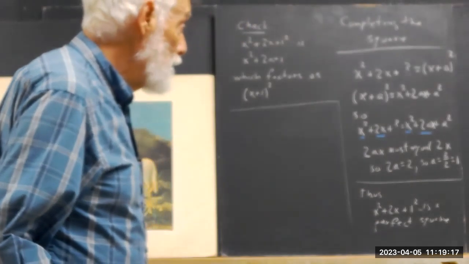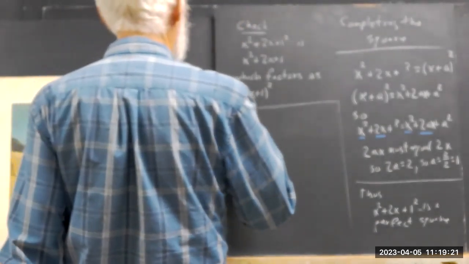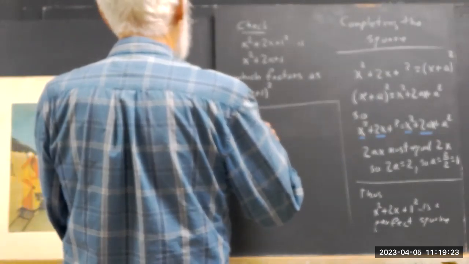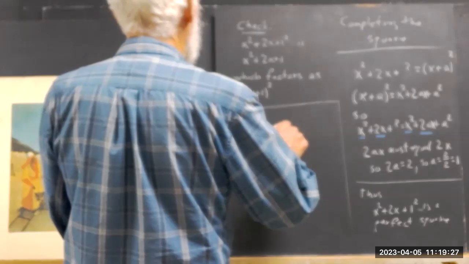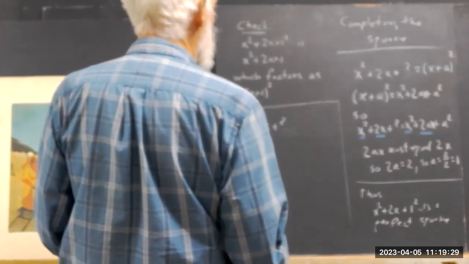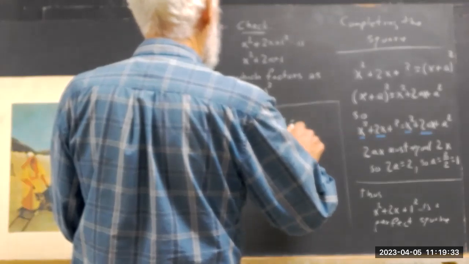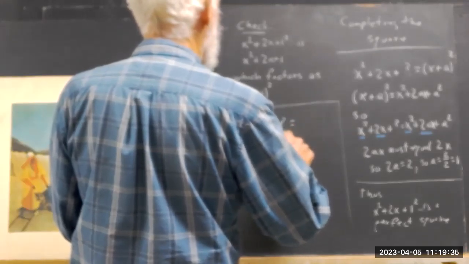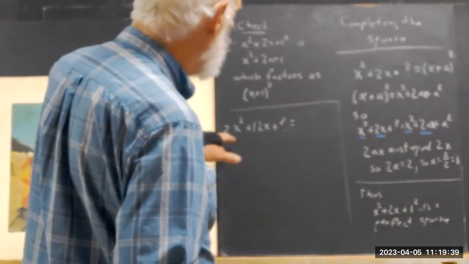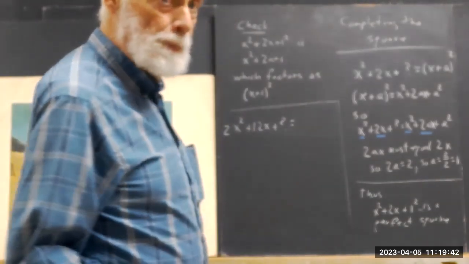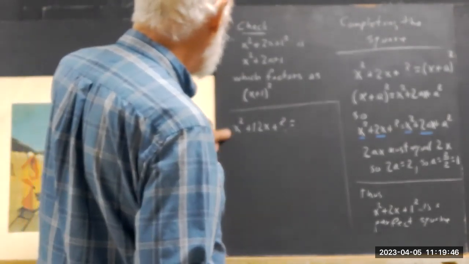Now, if you don't have a monic polynomial, let's say you've got 2x squared plus 12x plus something, and you want that to be a perfect square. Let me change that.